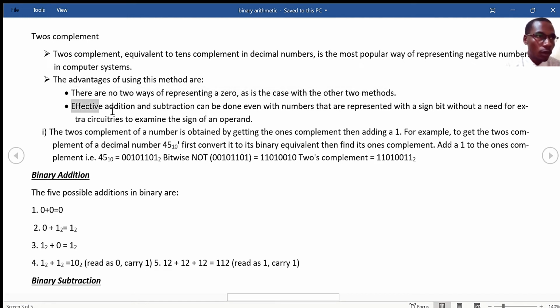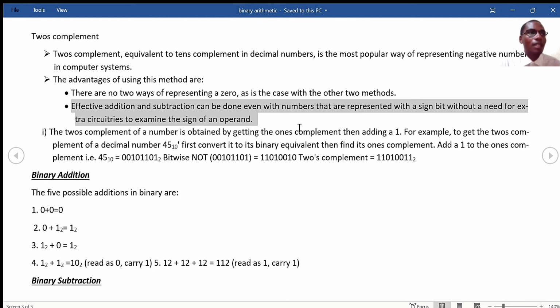Effective addition and subtraction can be done even with the numbers that are represented with the sign bit without need of extra circuitries to examine the sign of the operand. What do I mean? When you are adding or subtracting, you don't need to determine whether this is a positive or a negative number.